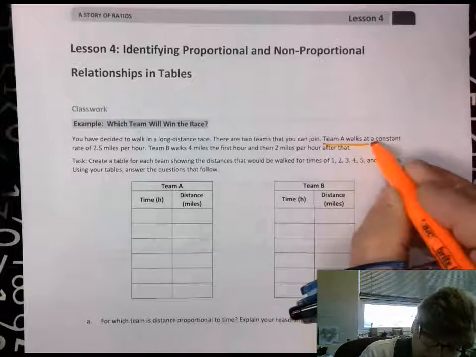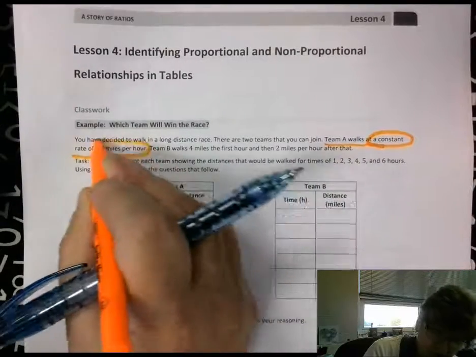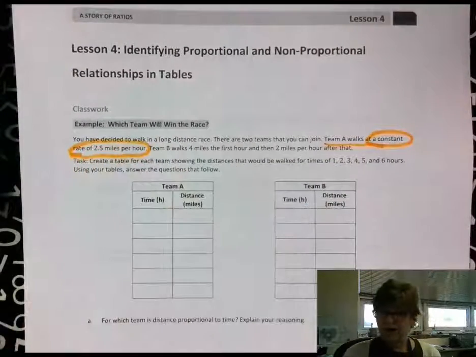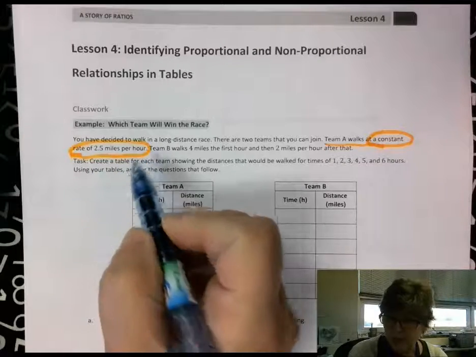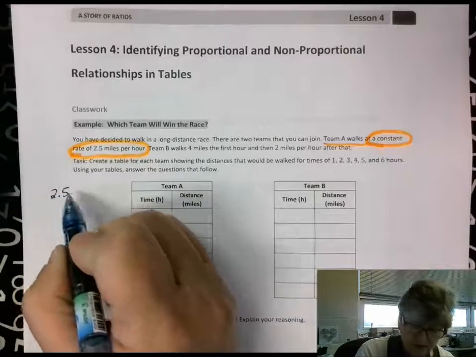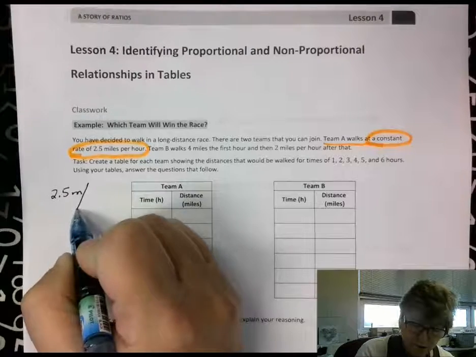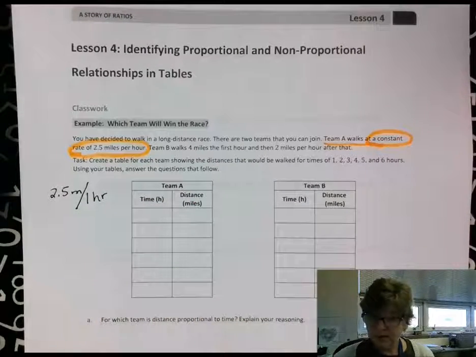Team A has a constant rate of 2.5 miles per hour. Now, hopefully you know that very often when you're writing something using a per, which is like a ratio, 2.5 miles per 1 hour or just hour.